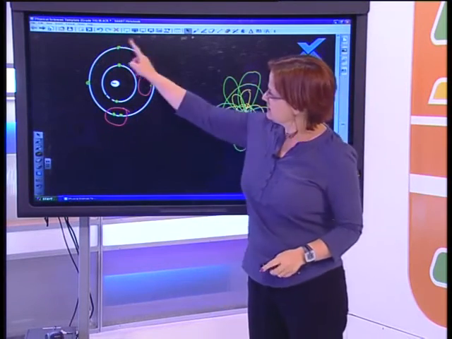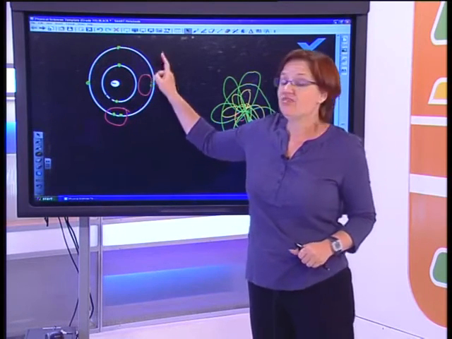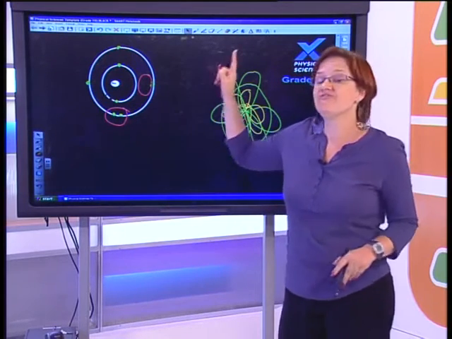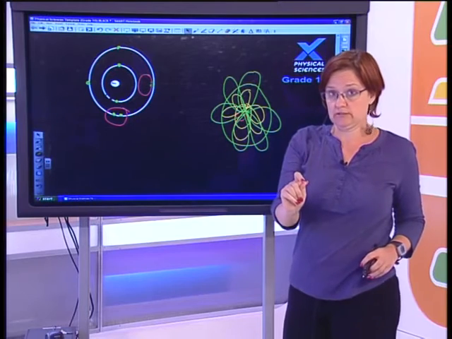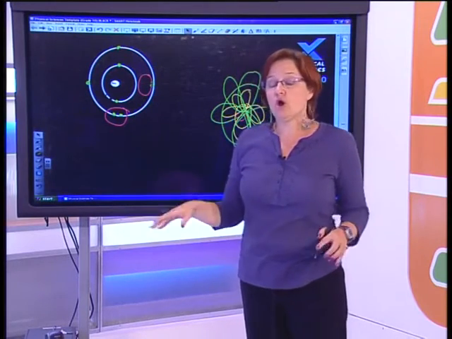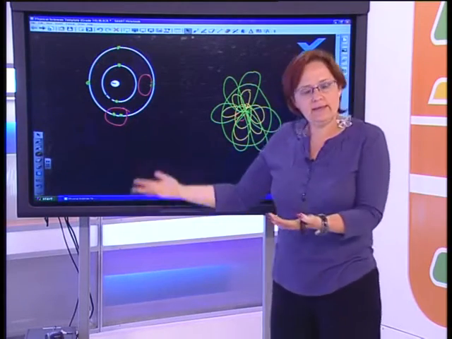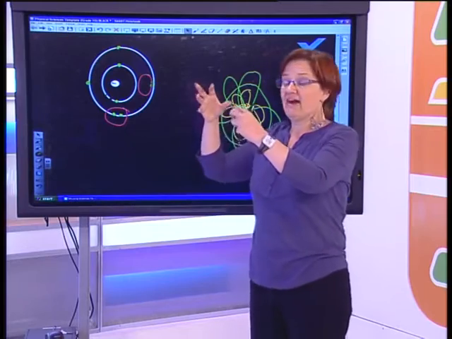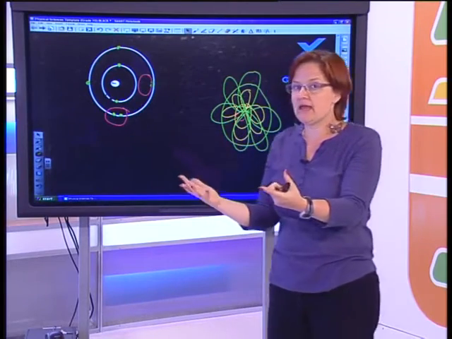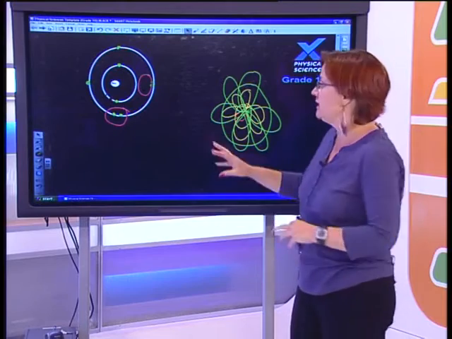The 6 electrons that sit on the outside of my oxygen atom, in this case, they are important. They are known as valence electrons. Okay, now these valence electrons are the ones that take part in bonding, and they determine how quickly an element's going to bond, how fast, what sort of bond it's going to make, whether it's going to be covalent, ionic, which we're going to get to eventually.